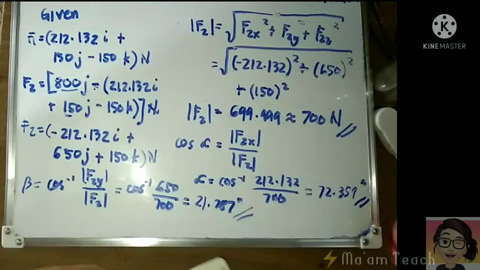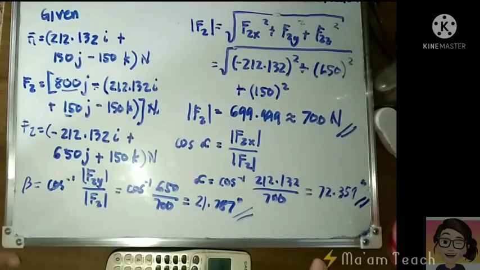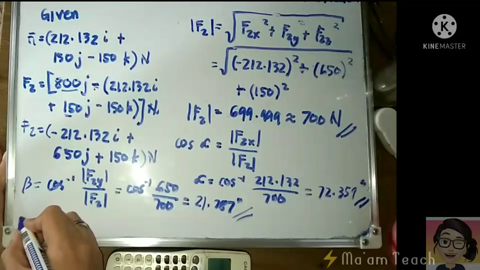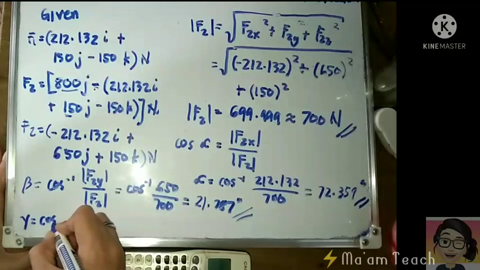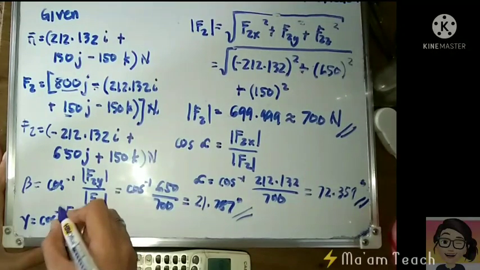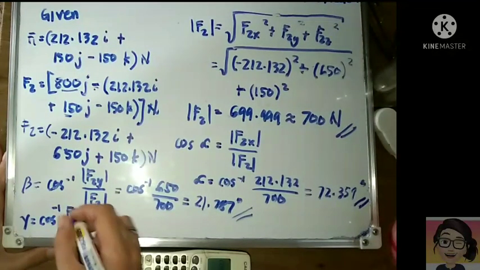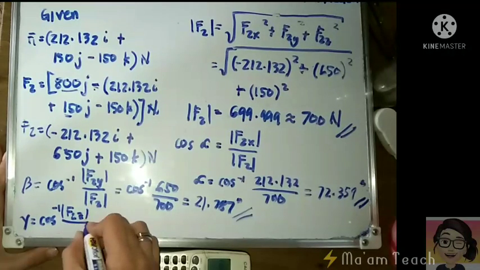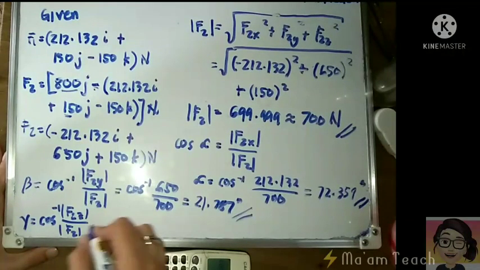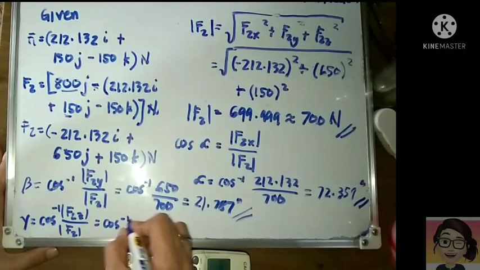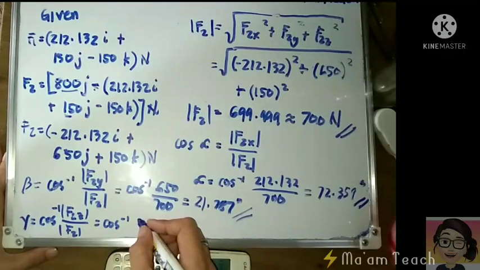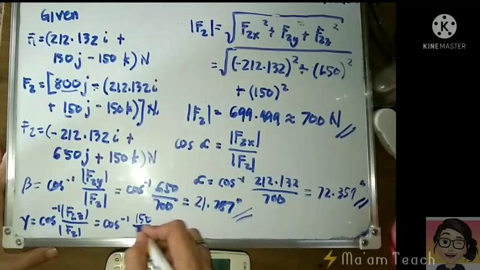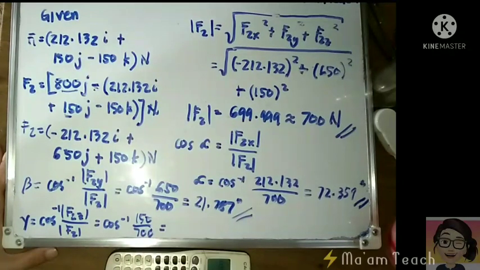And lastly, for the gamma, I'll just use this one. So gamma is arc cosine of the z component, F2z over your F2. So the z component is 150 over 700. Okay?